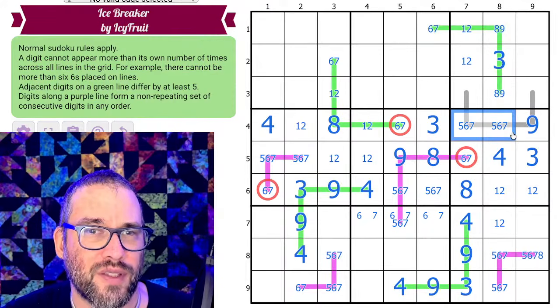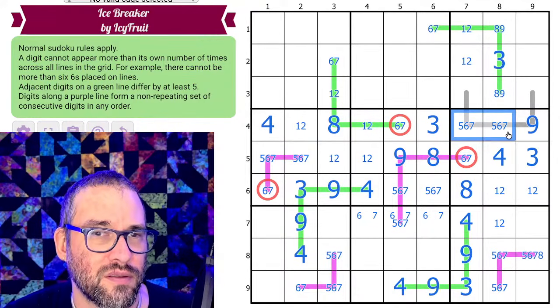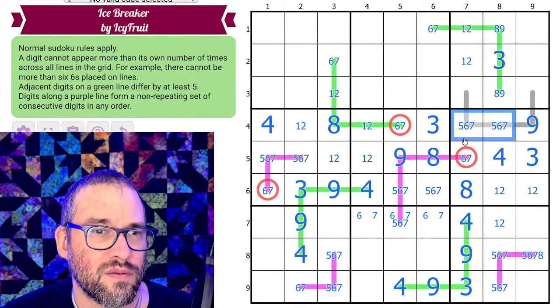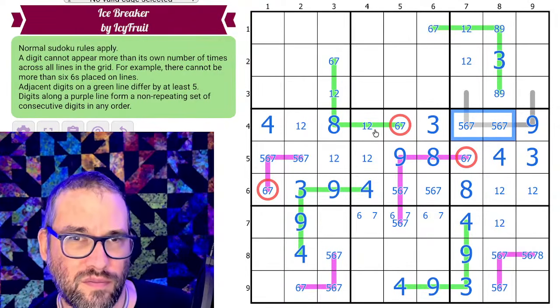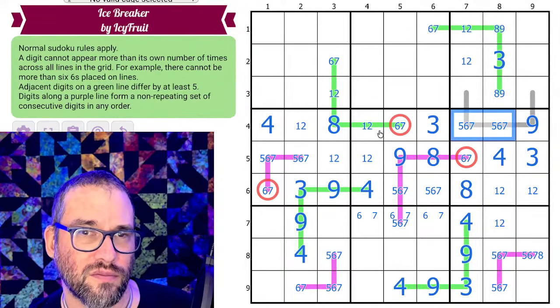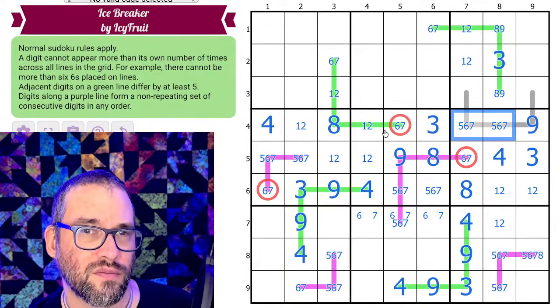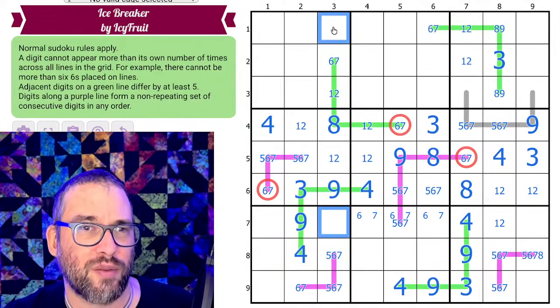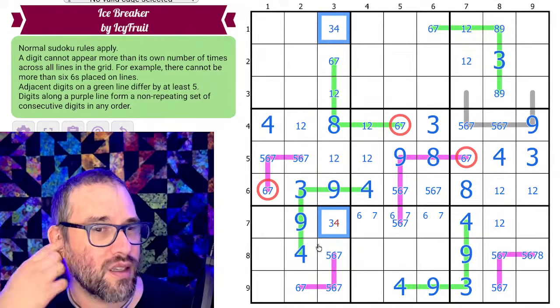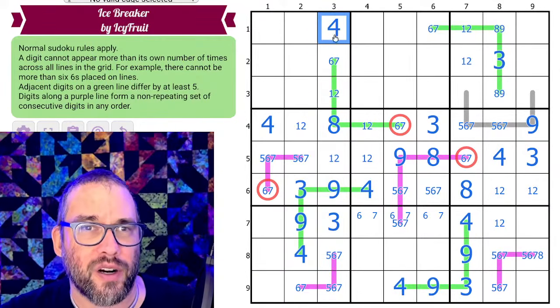These are all from 5, 6, 7. 3 and 4 are the only digits we haven't placed in column 3, and we know the order.